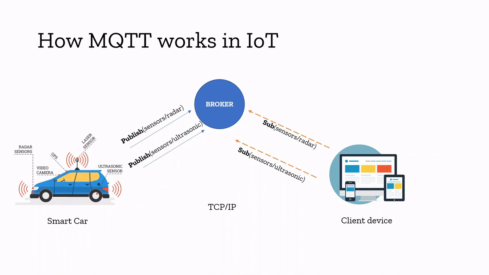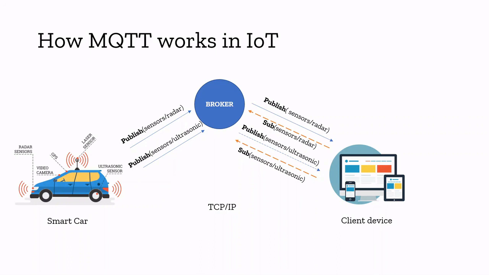Once you subscribe, the broker will publish the information to you, so you can read the data sent by the smart car. This publish and subscribe happens through TCP/IP. That's how MQTT works in a real world scenario.